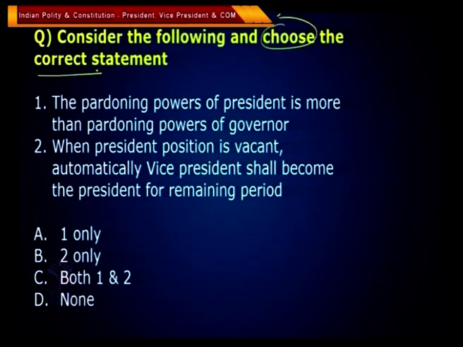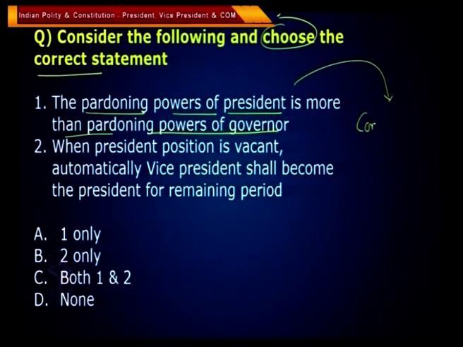The pardoning powers of the President of India are more than the pardoning powers of the Governor. Meaning, we all know that pardoning means excusing the convicted person, making sure the convicted persons are not punished, relieving the convicted persons.